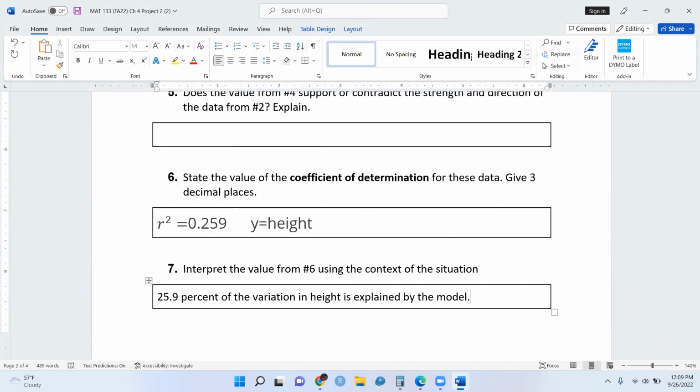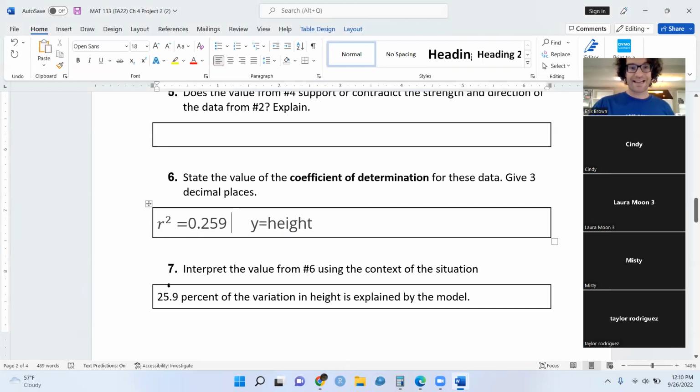That's it. Notice I took the decimal version of R squared and converted it to a percent. And you're always going to do that. That's a common place where I take off a half point because people will say 0.59%. You always have to multiply this by 100 to convert it to a percent.